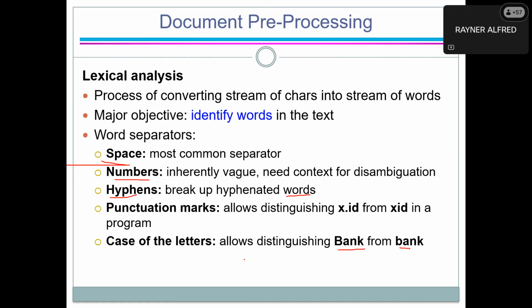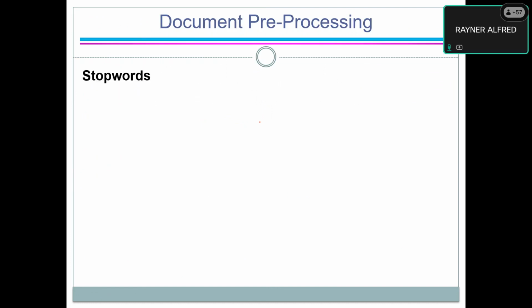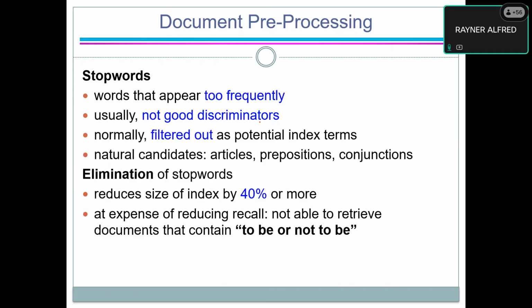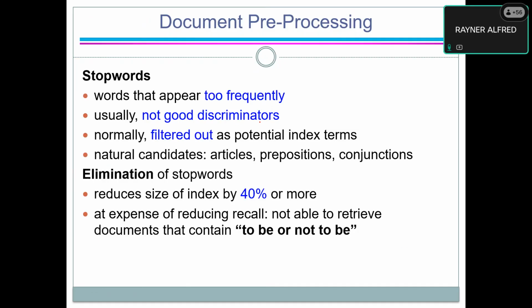Okay, so when we have identified the words, the next step is we want to know which ones can be eliminated. So we want to identify which ones are stop words so that we can remove them.